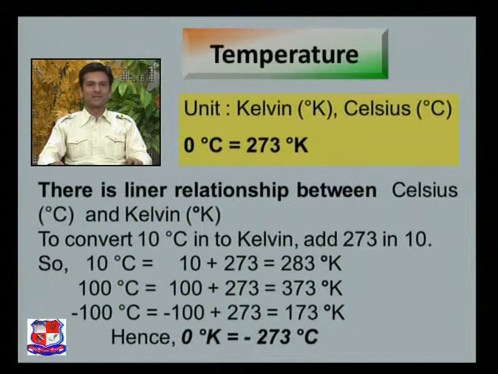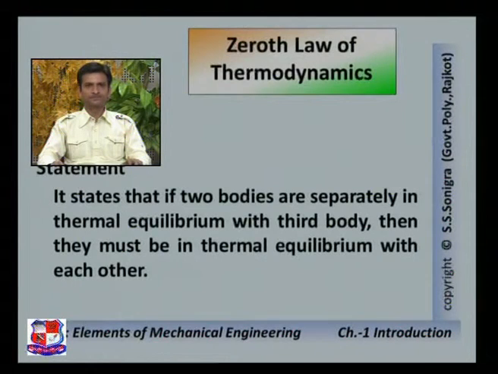It is the temperature at which all molecular movement is zero, and this is the base or reference for temperature in SI unit, and the definition of this temperature leads towards the third law of thermodynamics.